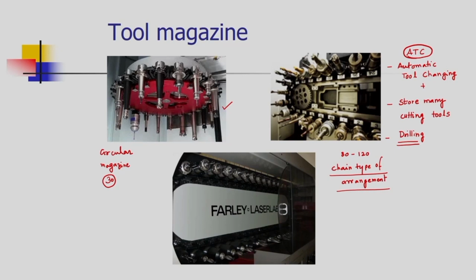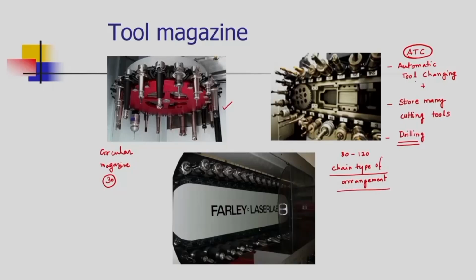So, these ATC facilities have the storage devices as well as the mechanisms which are required to remove the tool from the spindle of the machine, that we call unloading of the tool, and then loading of the tool to the machine. The removed tool will be taken to the magazine and stored at an empty slot, and the designated or desired tool will be taken from the magazine and set at the spindle of the machine tool.